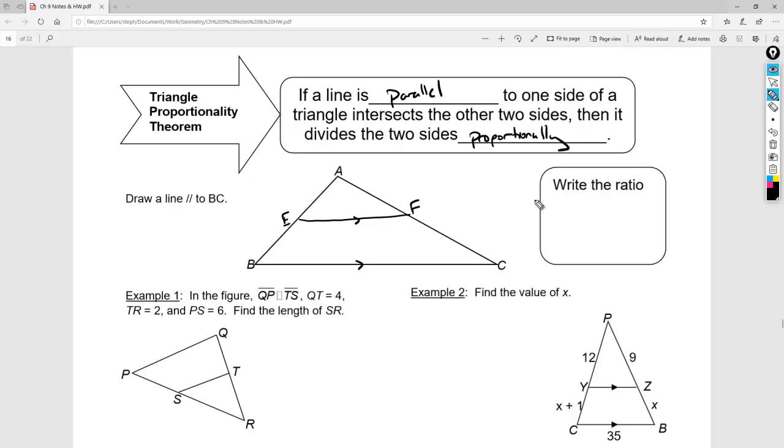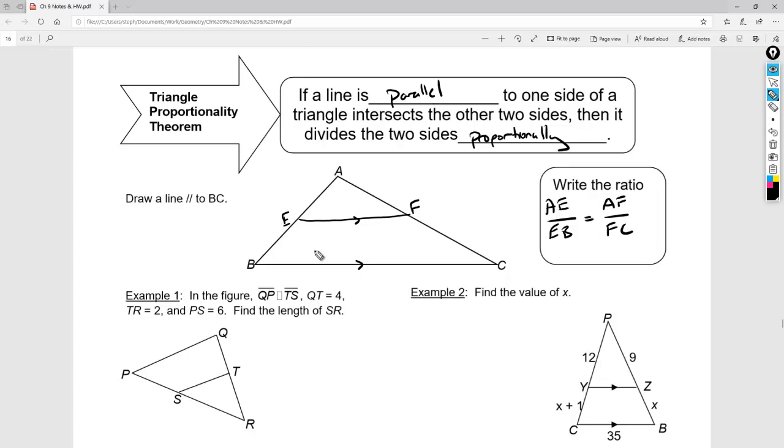Okay. So my ratio here, there's a few different ways we can think about this, but I know that A to E is to EB as AF is to FC.